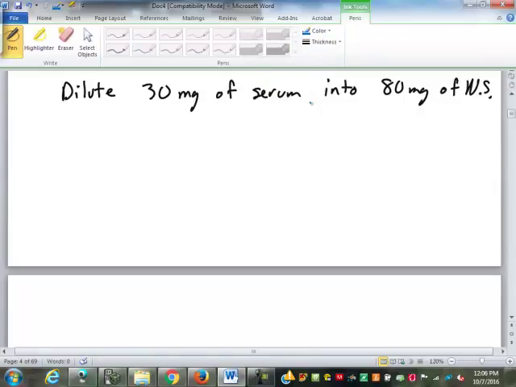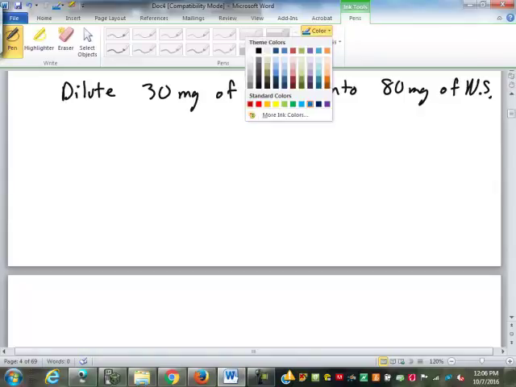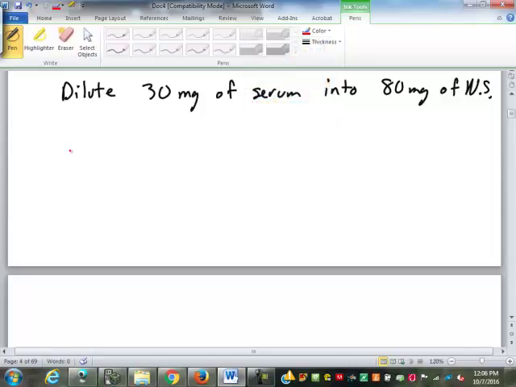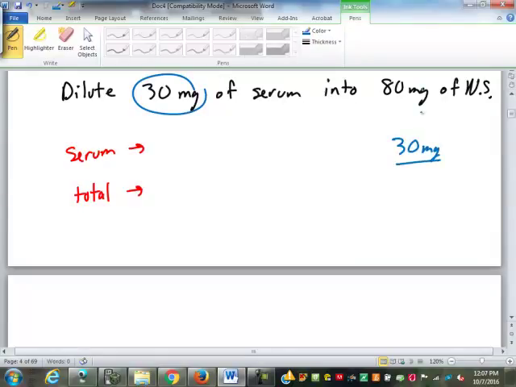Now, you have to be careful. We're looking at dilution. A dilution is serum to total parts. If I create my ratio here of 30 milligrams to 80 milligrams, I can reduce that. Of course, milligrams cancel out. I can divide out a 0, divide by 10 in other words, to give me a 3 to 8 ratio.